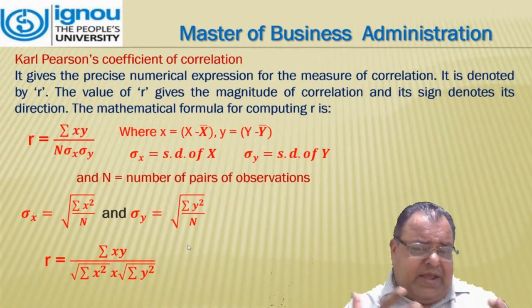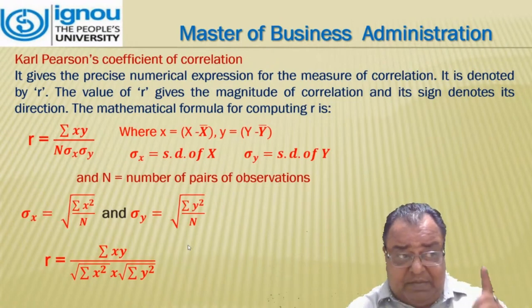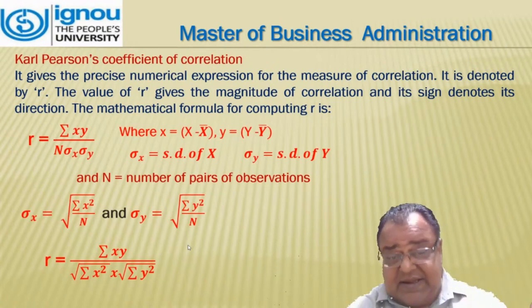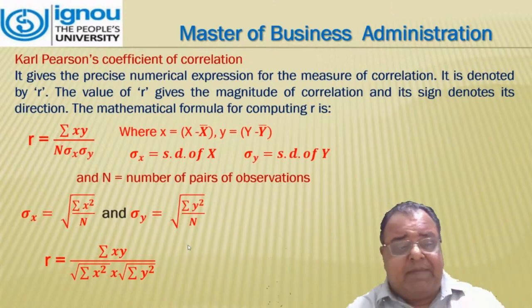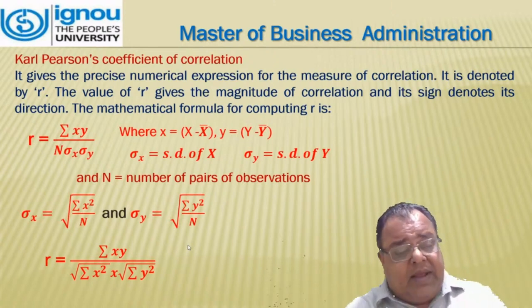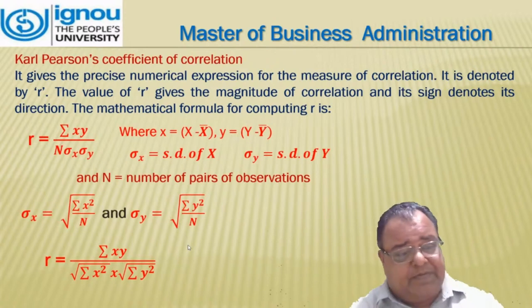So while calculating Karl Pearson coefficient, we have to calculate mean of x, mean of y, and the standard deviation of x and standard deviation of y. Then we can apply this formula, summation of xy upon n times standard deviation of x and standard deviation of y, where n is the number of pairs of observations.